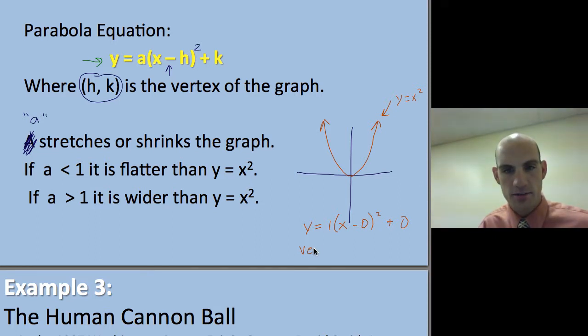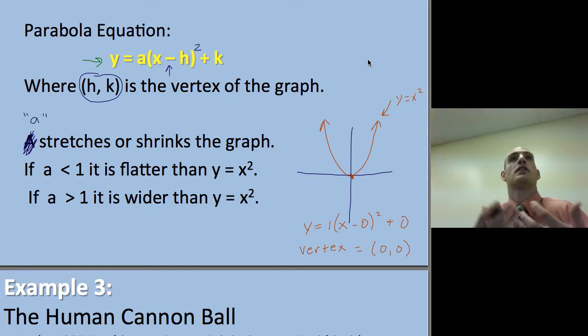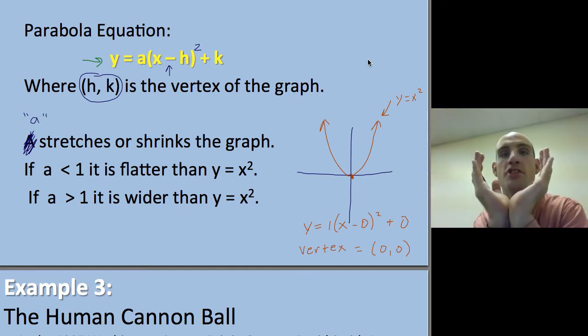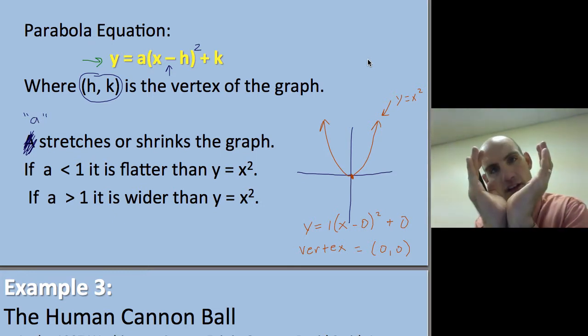So my vertex equals 0, 0. And that's why it's right on the origin. So this vertex is right on the origin. So the general parabola graph is that x squared graph, but really if we note what h and k are, they're really just 0 in this case. And that's where the vertex is going to be.